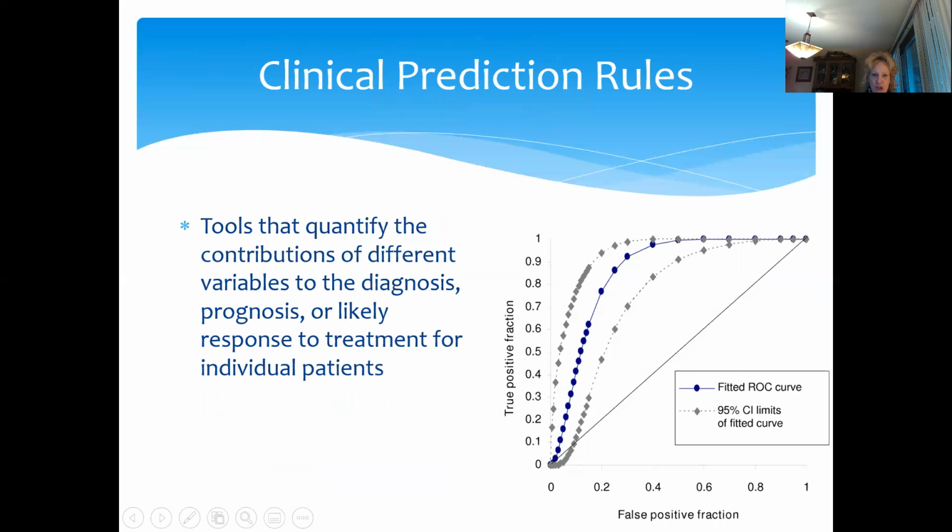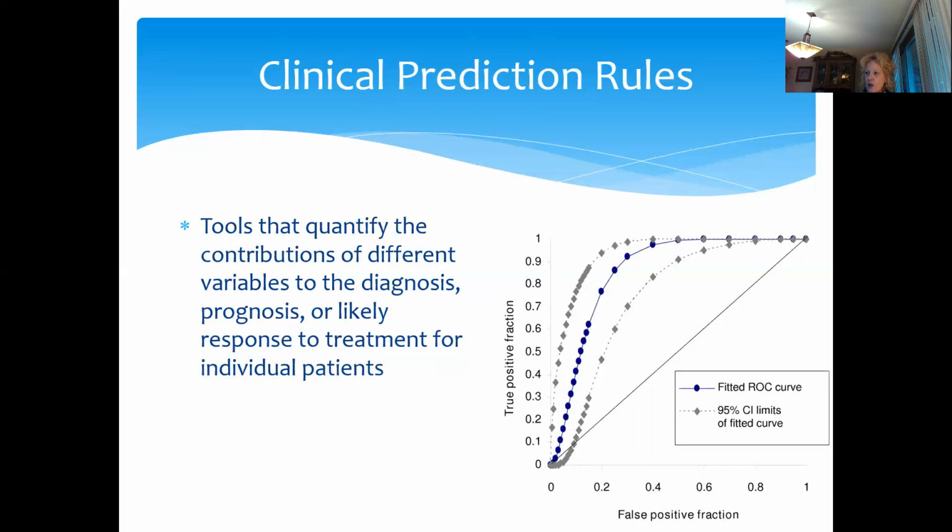Another thing we want to mention here is the clinical prediction rules. The clinical prediction rules are tools that can quantify the contributions of different variables to the diagnosis, or the prognosis, or even the likely response to treatment for individual patients.